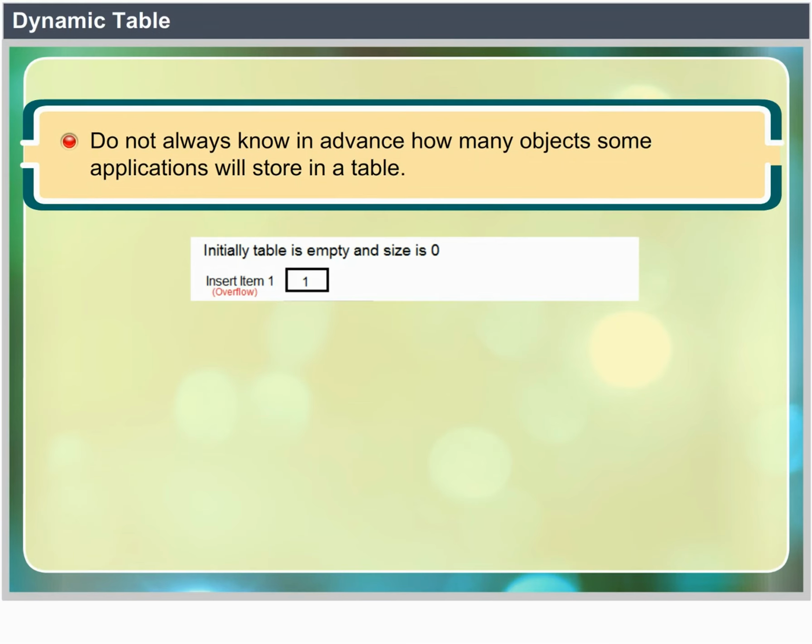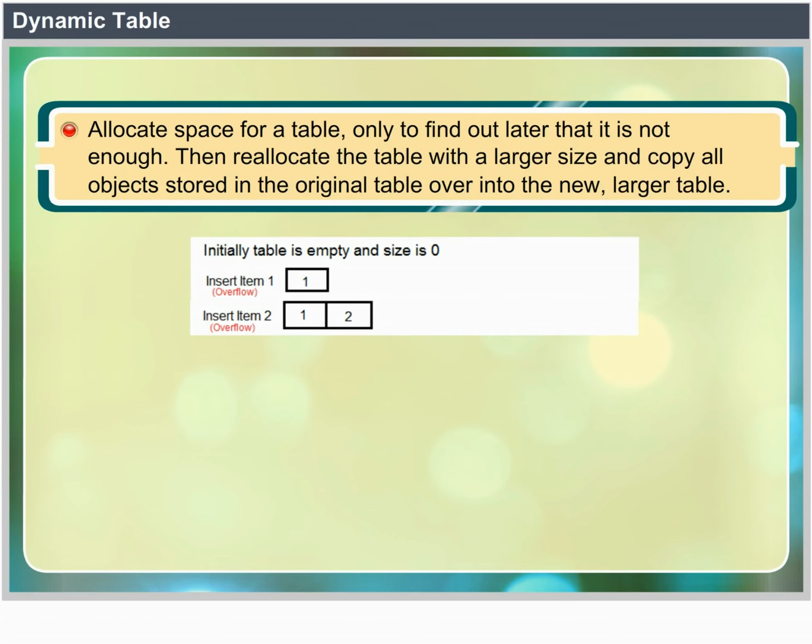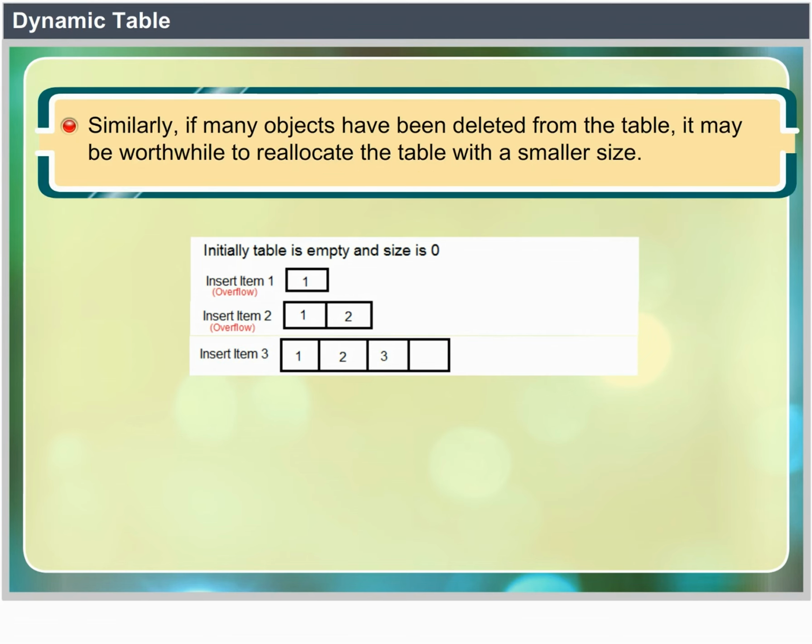Dynamic tables. We do not always know in advance how many objects some applications will store in a table. We may allocate space for a table only to find out later that it is not enough. Then we must reallocate the table with a larger size and copy all objects stored in the original table over into the new larger table. Similarly, if many objects have been deleted from the table, it may be worthwhile to reallocate the table with a smaller size.